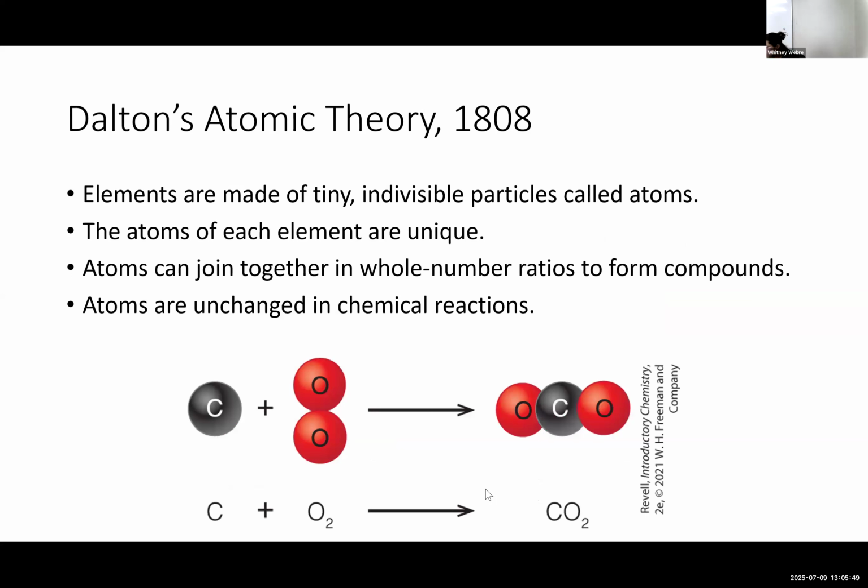Dalton's atomic theory, from the early 1800s: elements are made of tiny, indivisible particles called atoms, and each of these atoms is unique. So for all of the periodic table elements, an atom of nitrogen is still an atom, cobalt is an atom, but they are completely unique to each other. Atoms can join together in whole number ratios to form compounds. We've already been hitting on it: carbon plus oxygen creates carbon dioxide.